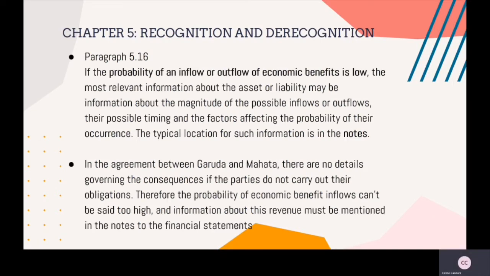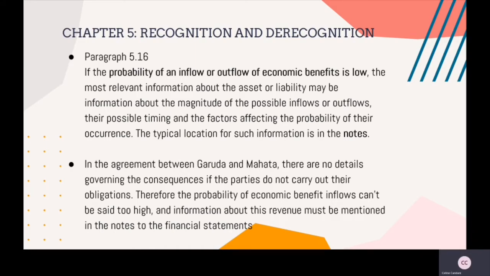Next, Chapter 5 of the conceptual framework mentions recognition and derecognition. In paragraph 5.16, if the probability of an inflow or outflow of economic benefits is low, the most relevant information about the asset or liability may be information about the magnitude of the possible inflows or outflows, their possible timing, and the factors affecting the probability of their occurrence.